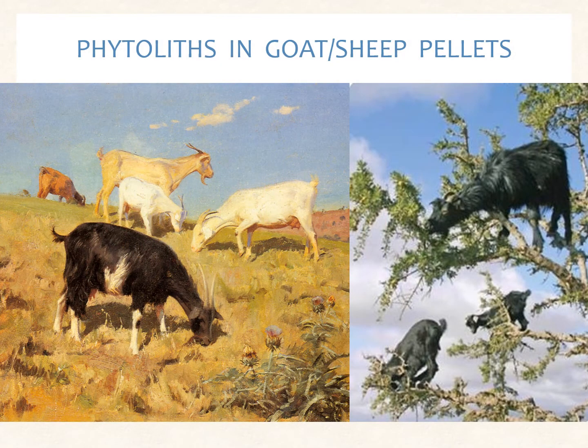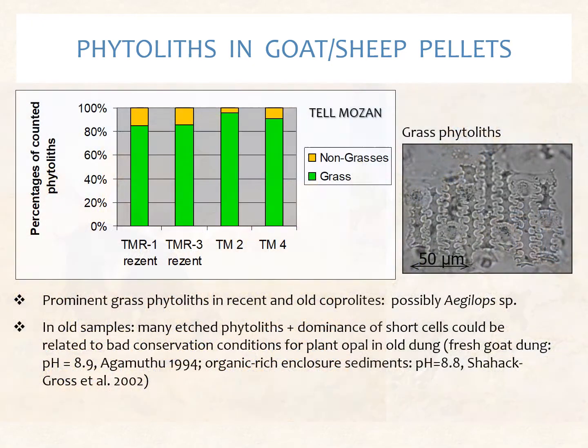Another aspect of interest is animal husbandry in relation to ancient landscape conditions. If dung pellets do not contain seeds, phytoliths preserved in the dung may inform on ancient habitats preferred for browsing animals. In general, grass phytoliths are dominant, but also other floristic elements can be present.